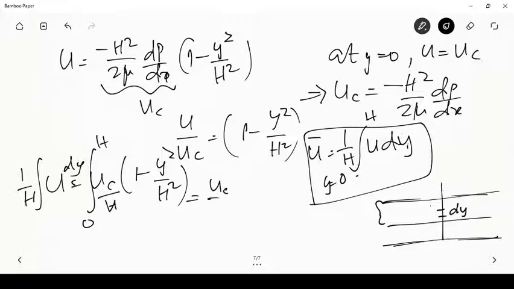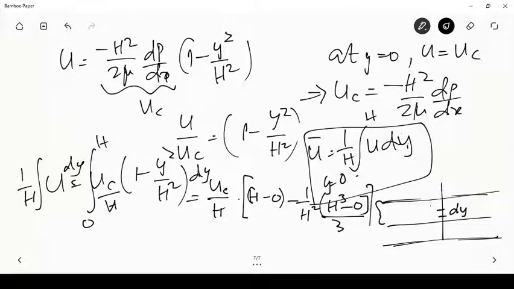The 1 will get integrated to y between 0 and h, so it becomes h minus 0, minus 1 by h squared, which remains as it is, times y cube by 3, which will be h cube minus 0 divided by 3.